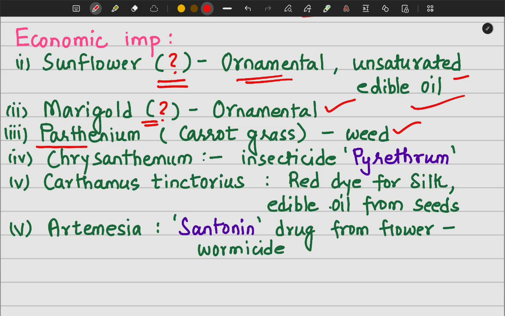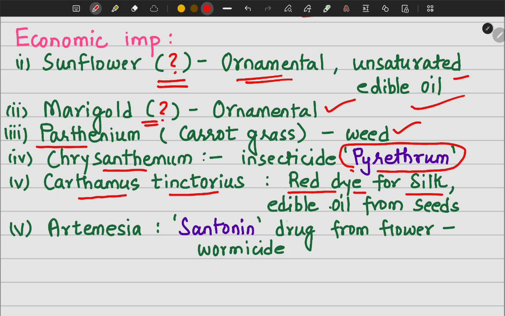Then the other example is chrysanthemum, from which pyrethrum is isolated. Now this pyrethrum is an insecticide obtained from chrysanthemum. Then there's another plant called Carthamus tinctorius, from which red dye is isolated from its petals or flowers, and this red dye is used for dyeing silk.